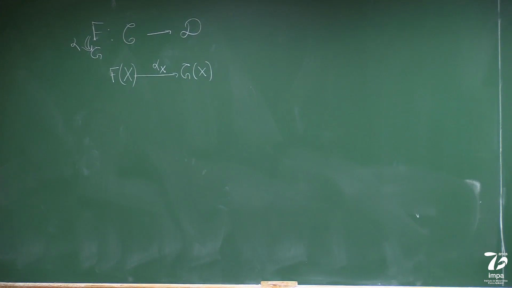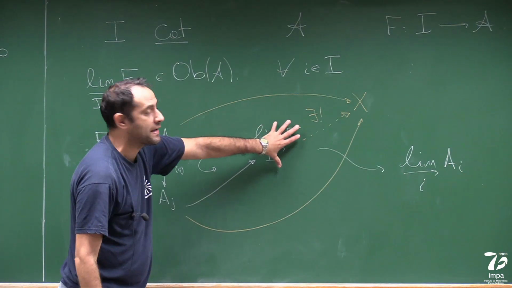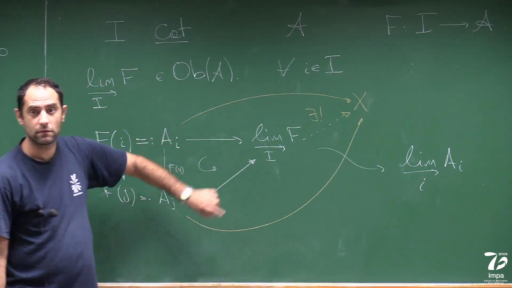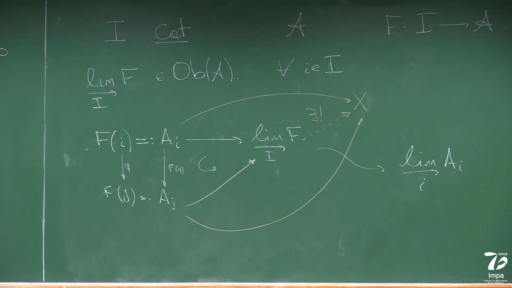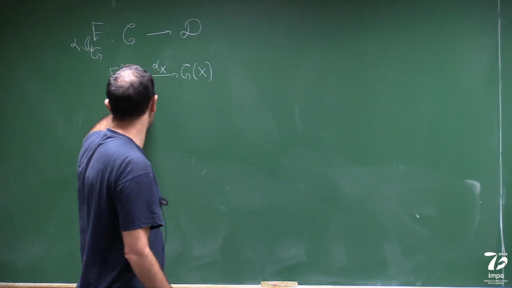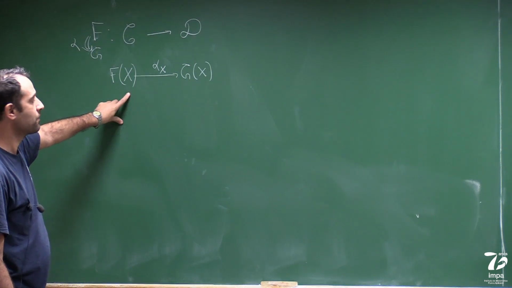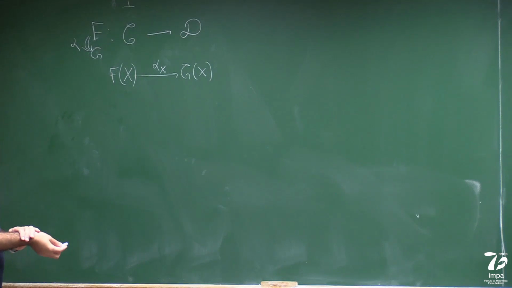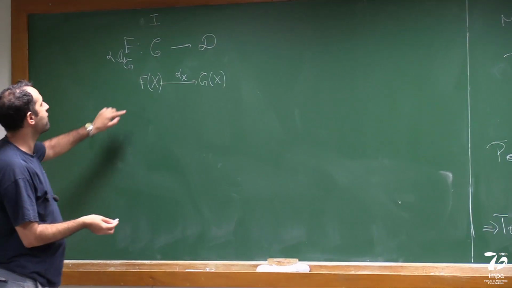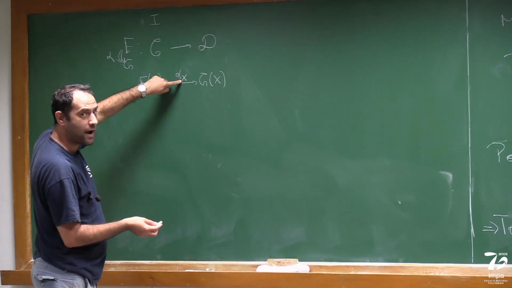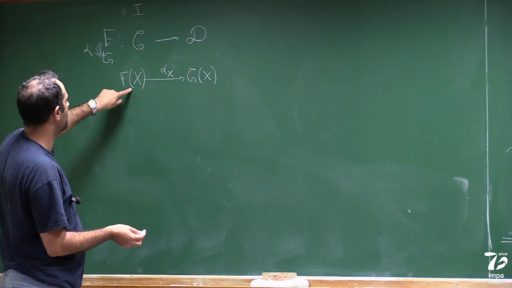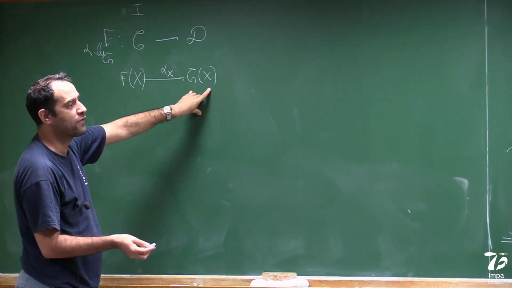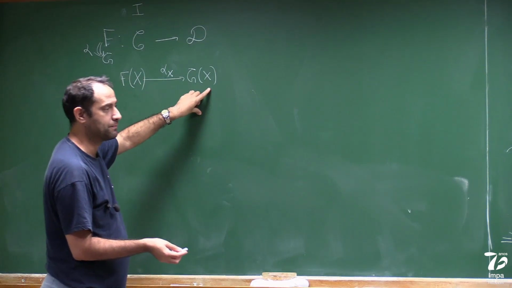So here, this object here is fixed. For all of these guys, I'm getting just the same object. So if I want to view this, I can view this guy as, for each element I, x equal to I, I have a map from F_i to, now I need to declare G of all of them to be the same guy, which is this colimit.